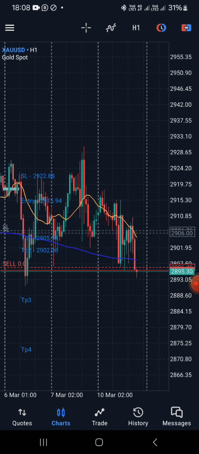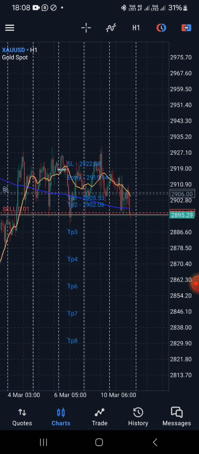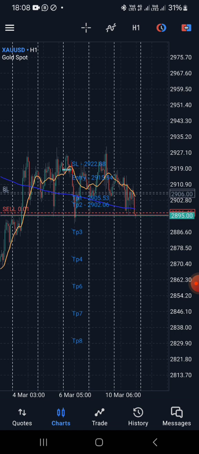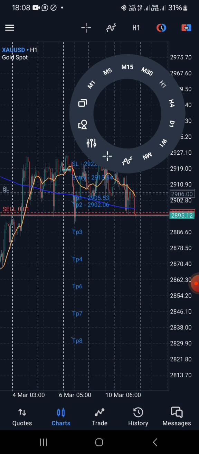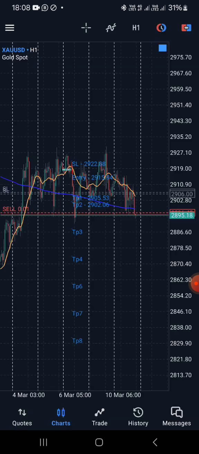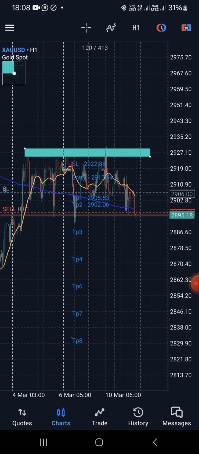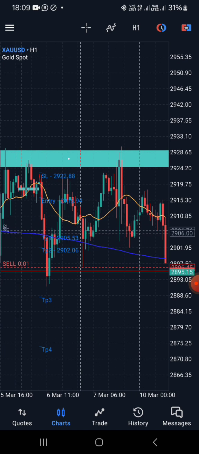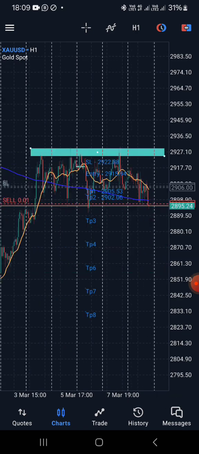I saw that the market actually could not move to the buy side, and it has reached a level. Let me show you the level by using some of my tools here. This is the level, which is the supply zone for our market, where the market has rejected over and over.